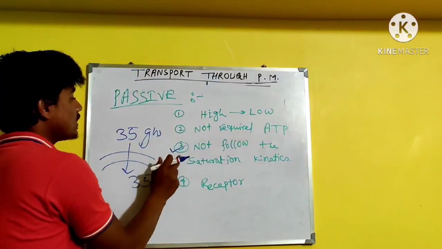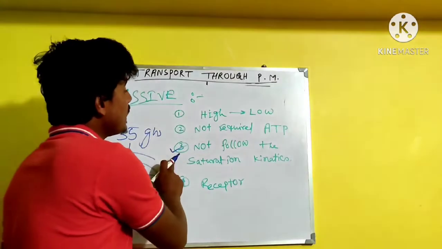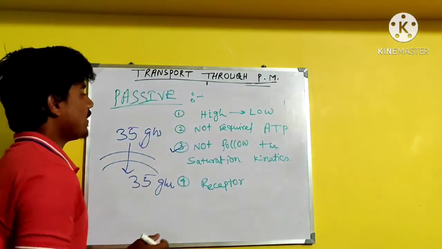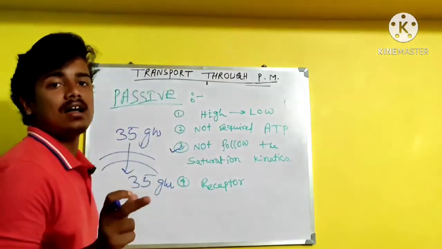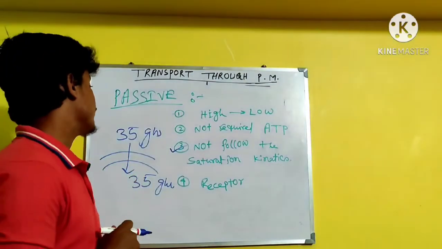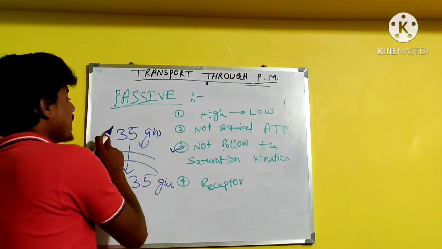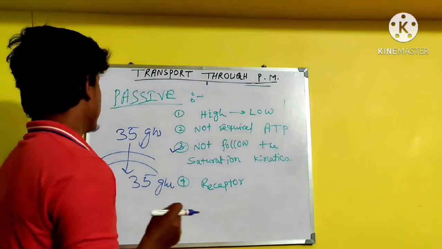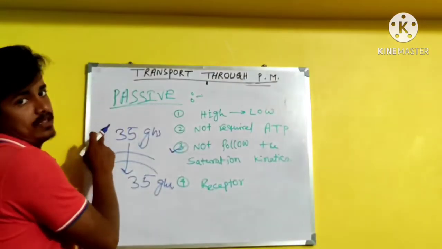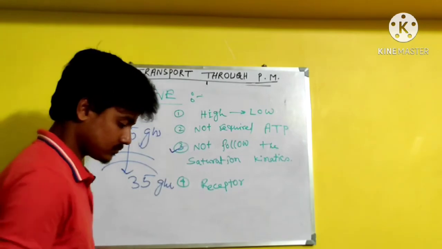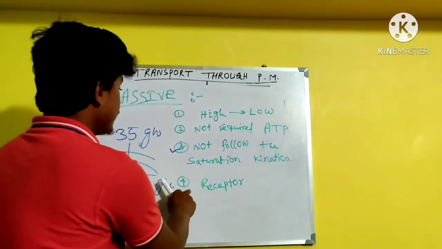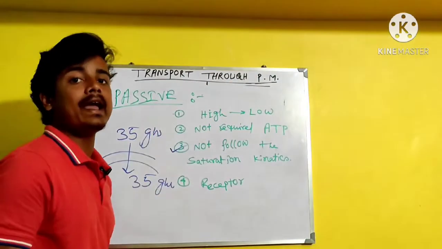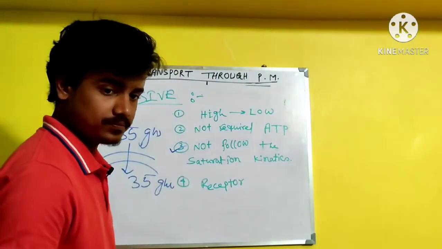Actually, this point means that it does not reach the equilibrium state. The difference of molecules and ions always remains, and a receptor may or may not be present.